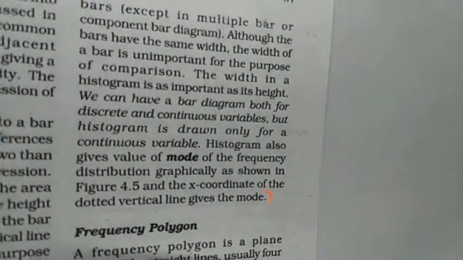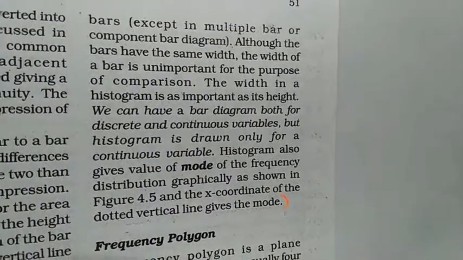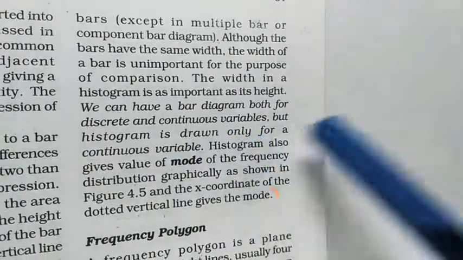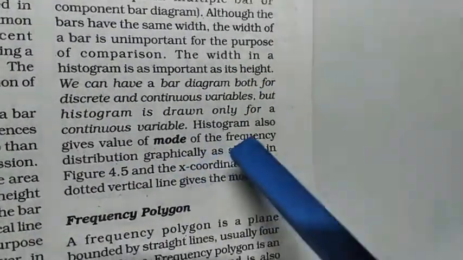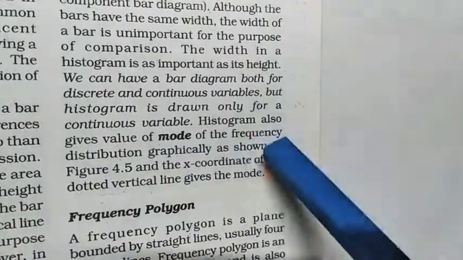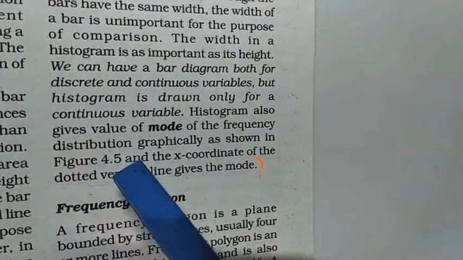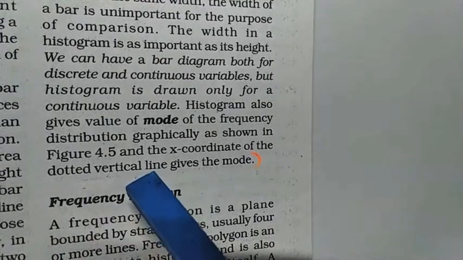We can have a bar diagram for both discrete and continuous variables, but a histogram is drawn only for a continuous variable. That is another difference. A histogram also gives the value of the mode of the frequency distribution graphically, as shown in figure 4.5, where the x coordinate of the dotted vertical line gives the mode.